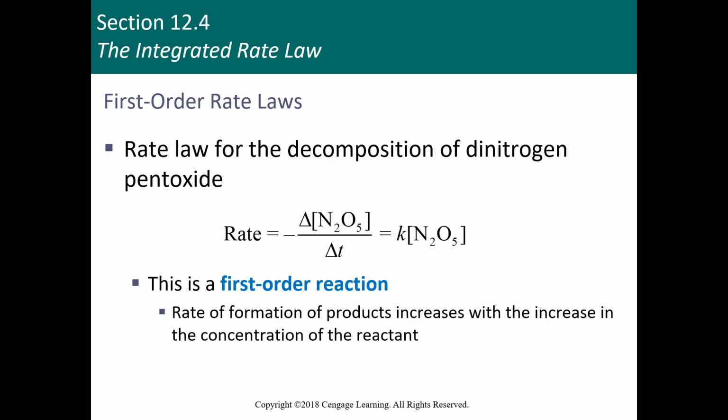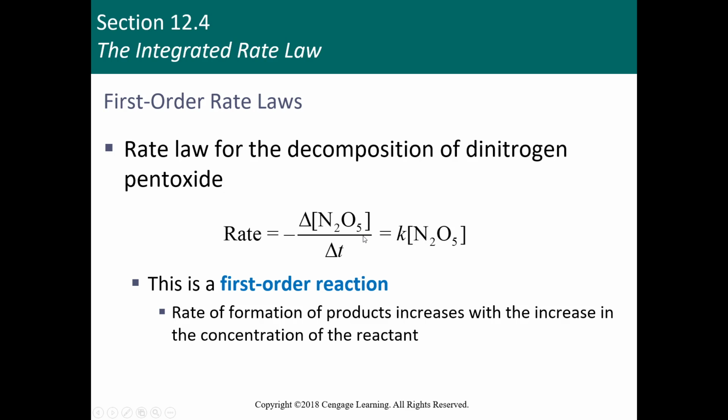So for a first order rate law, this order would be 1. And so this right here would be that expression that we just looked at. This would be an example of the rate law for the decomposition of dinitrogen pentoxide, which is this compound here. This is referred to as a first order reaction because the entire reaction is first order here.